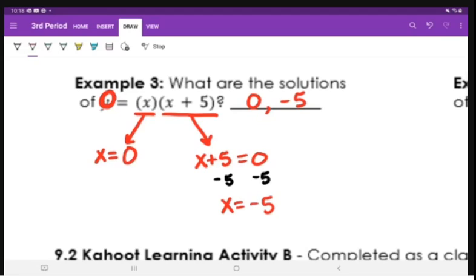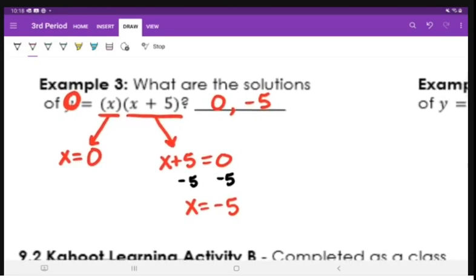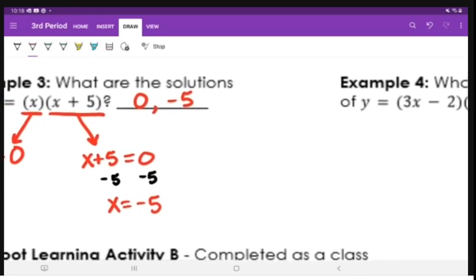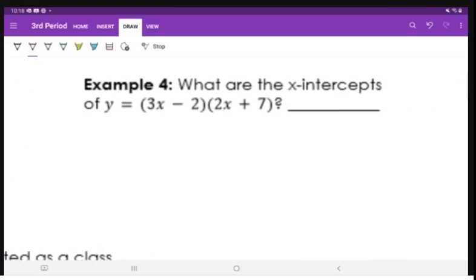One more, example 4, is quite a bit more challenging than the other examples we've done so far. We have the same type of problem. What are the roots, what are the x-intercepts of y equals 3x minus 2 times 2x plus 7? Since we're trying to find the roots, we put 0 in for y.